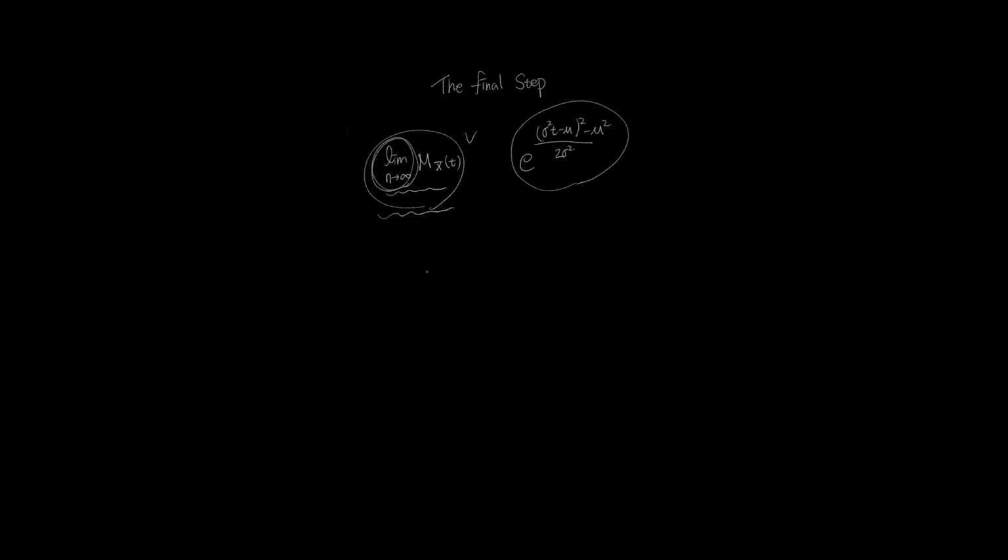So let's write down x bar and its distribution. It's known that if we suppose the central limit theorem already, it follows a normal distribution with the population mean and standard deviation divided by root n, where n is the sample size.